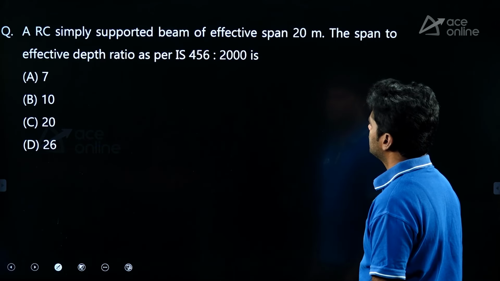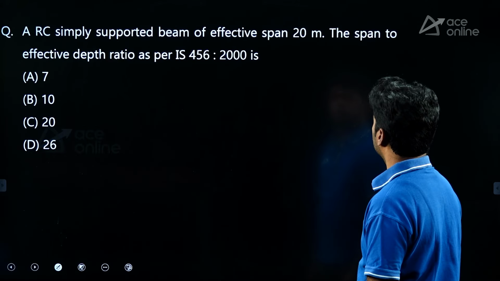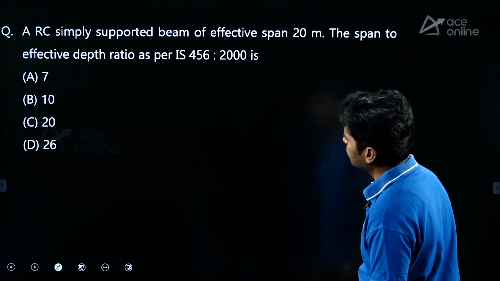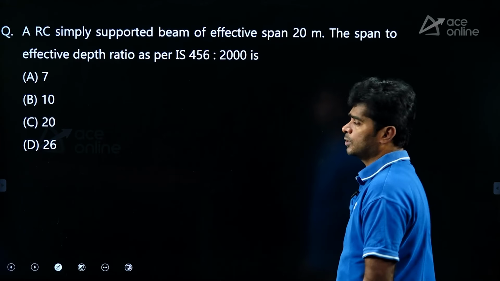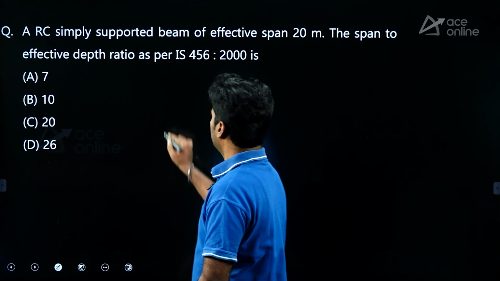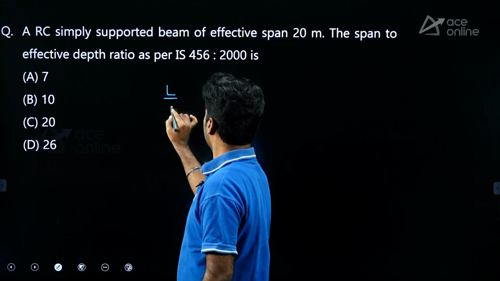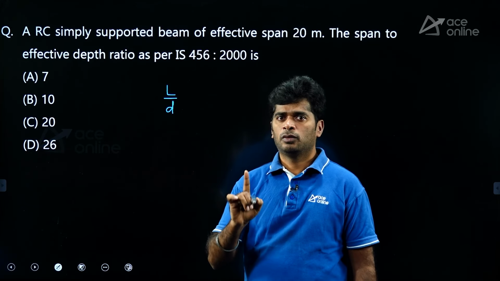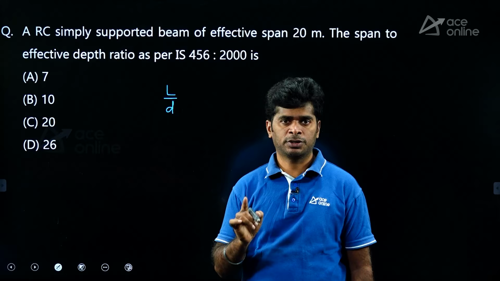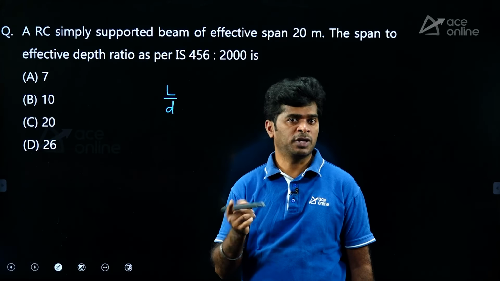A RC simply supported beam of effective span 20 meter, the span to effective depth ratio as per IS 456-2000. My dear, span to depth ratio. We need to check two things. Number one, what is the span? Number two, what type of beam is given?